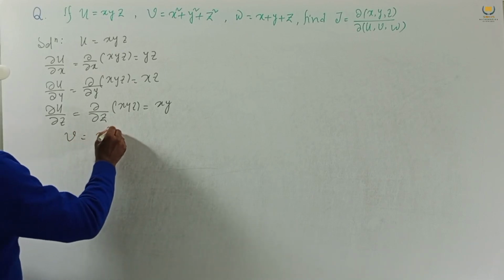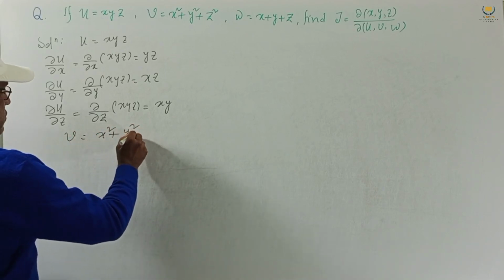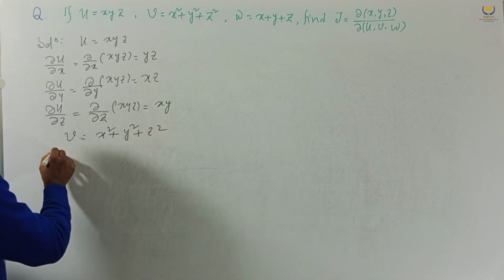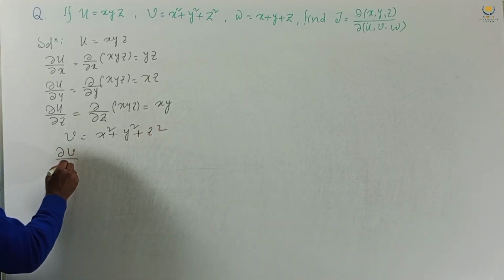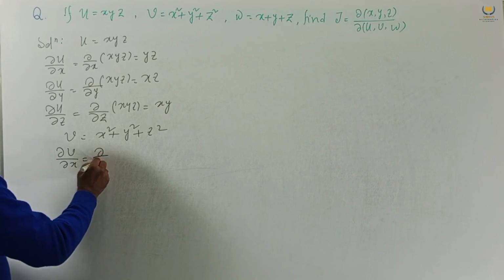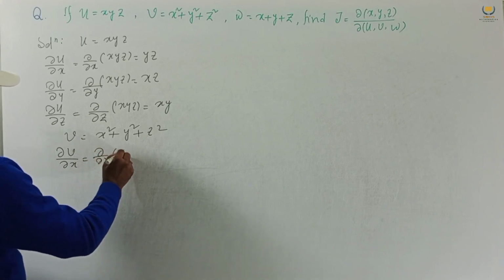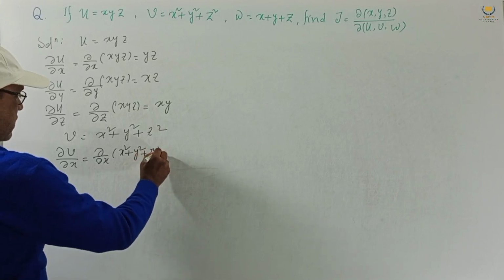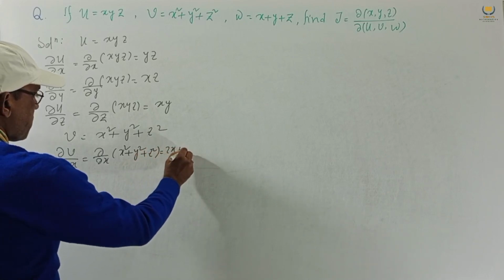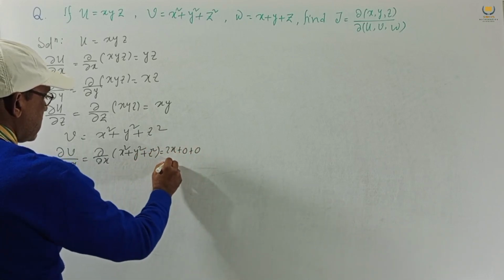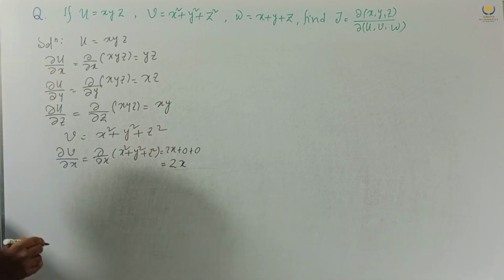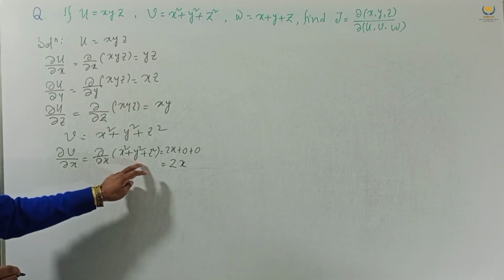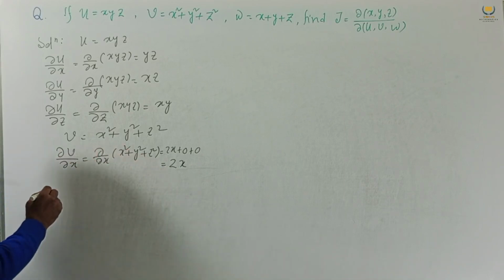V equal to x square plus y square plus z square. Del v by del x, del by del x of x square plus y square plus z square, this is twice x plus 0, this one, twice x we get, because we are differentiating partially with respect to x, others constant, x is variable.